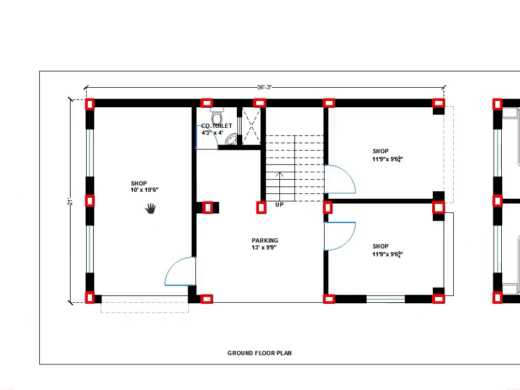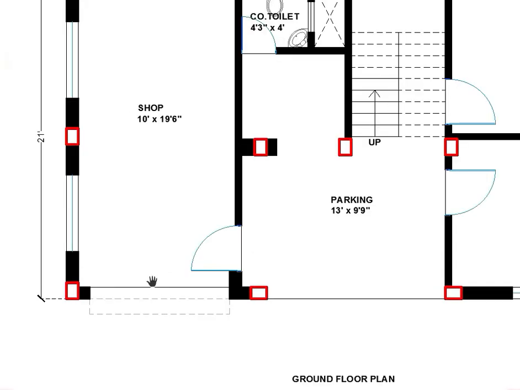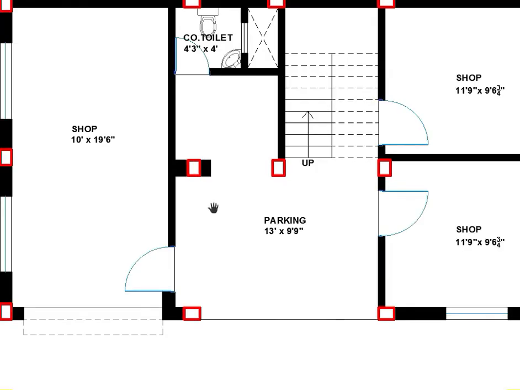See, here is the shop, which is 10 feet by 9 feet 6 inch. It means horizontally here to here is 10 feet and vertically here to here is 9 feet 6 inch. And here is the primary entry, and here is another secondary entry.